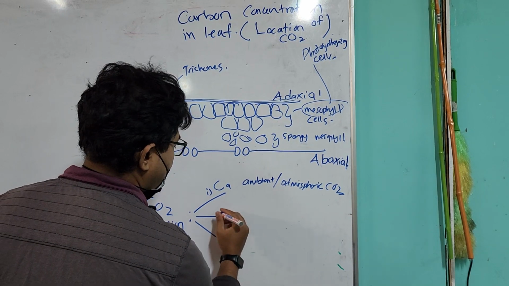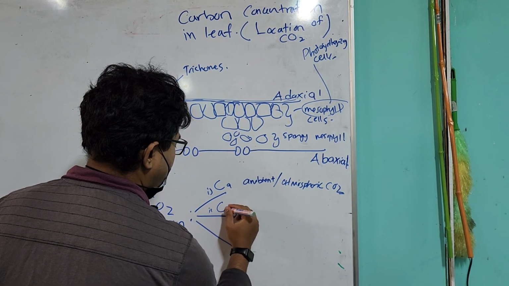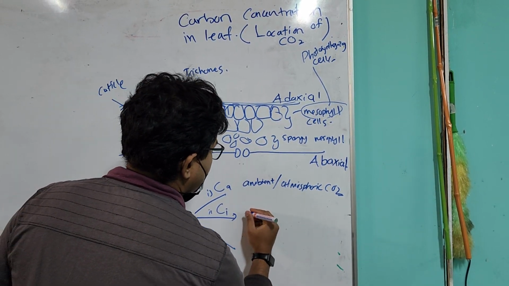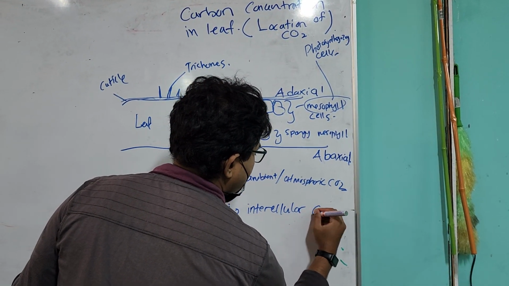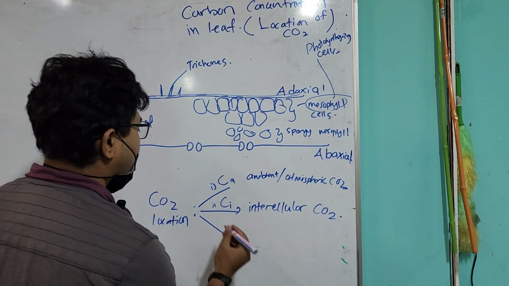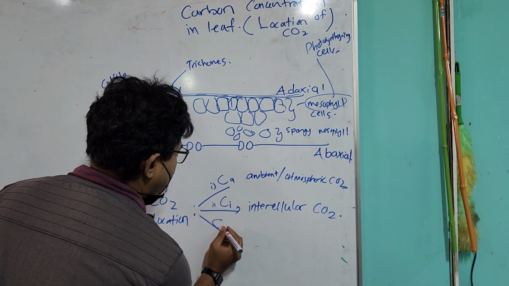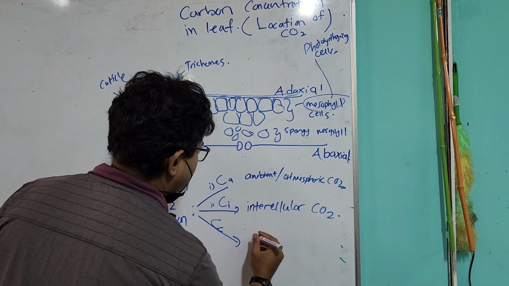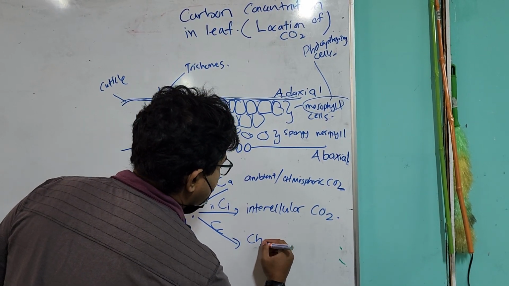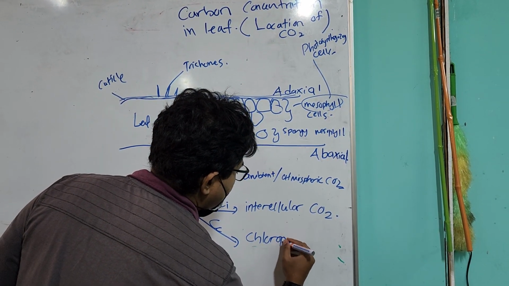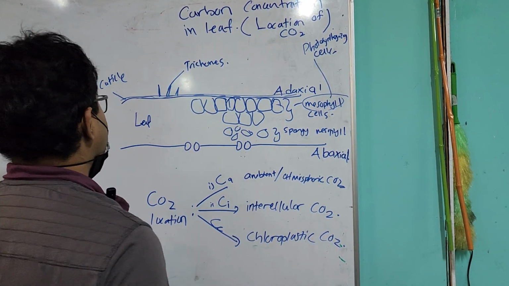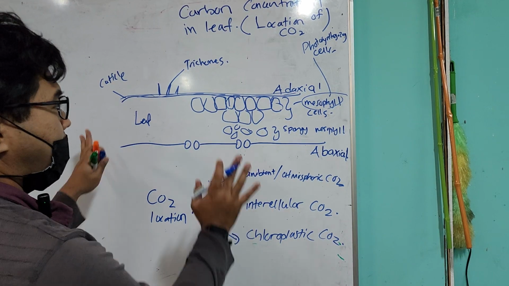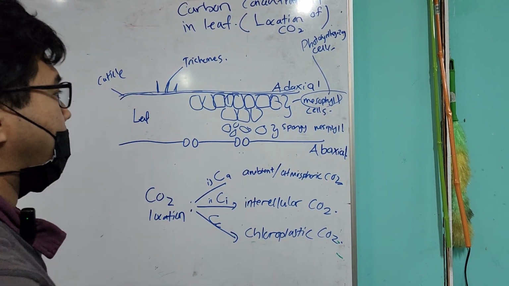Then you have number 2, which is Ci, which stands for intercellular CO2. And then the third one is Cc, chloroplastic CO2.